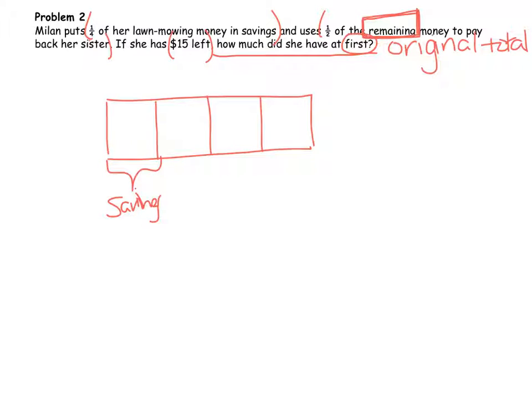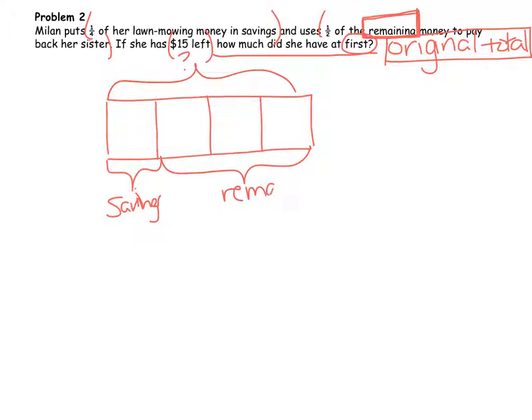Well, I have to figure out my total, and I don't know what that is. So that's what I have to figure out, is my original total. So this is my remaining, right? So I actually have to draw 2 diagrams. So I'm going to extend this down just like we did in our last module 3.